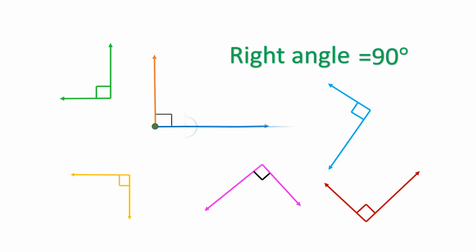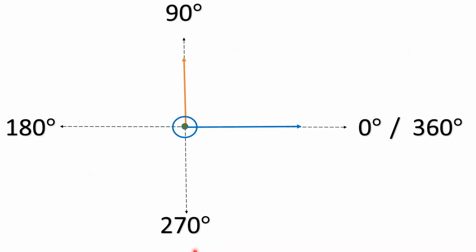Let us go back to the original figure and let us change the position of the terminal arm once again. Here you can see the terminal arm has rotated half of the complete rotation, and the angle so formed looks like a straight line.